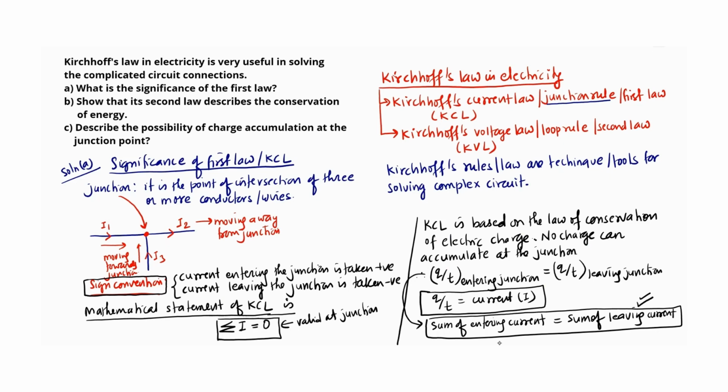If the sum of entering current is not equal to the sum of leaving current, then there is either creation of charge or destruction of charge, which violates the law of conservation of electric charge. So this is to be noted.